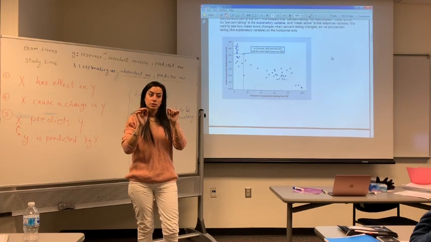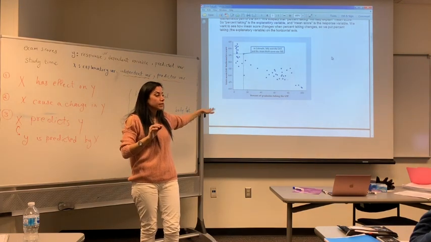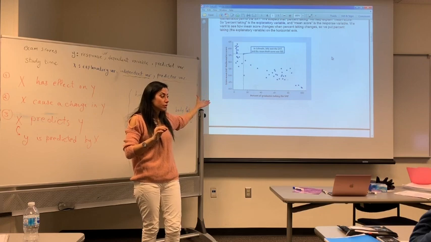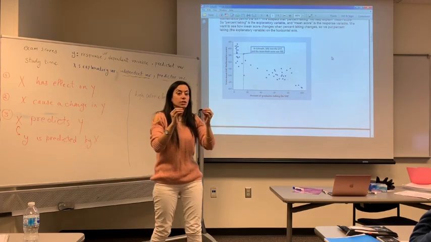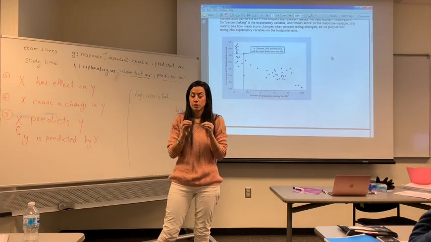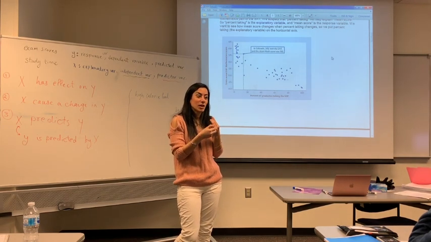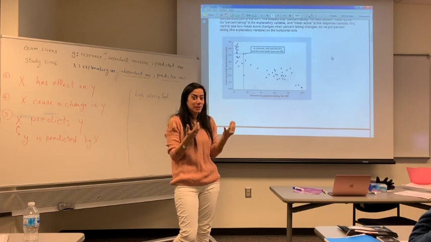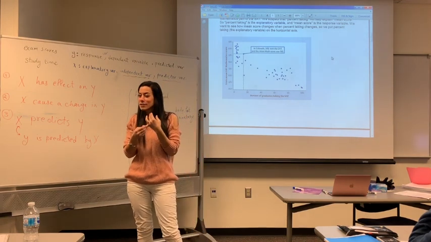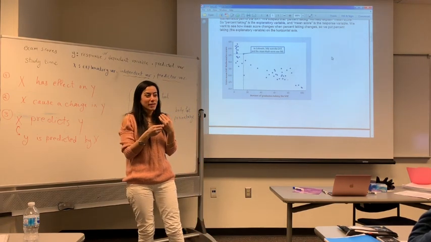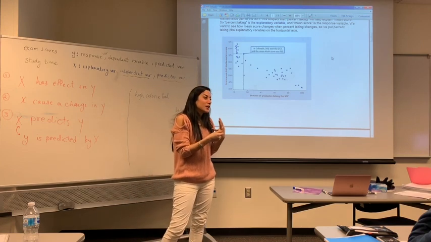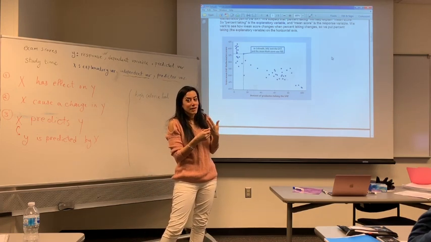So each of these points is considered as an individual, because each individual will have x and y. So let's talk about an easier example, then we'll go back to this. Each student in this class will have exam score and a study time, right? Is that correct? So exam score was the y, study time was the x variable, correct?